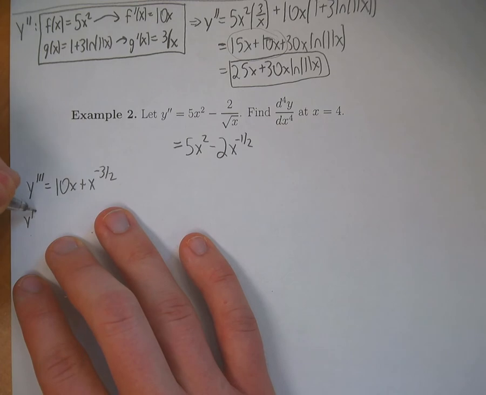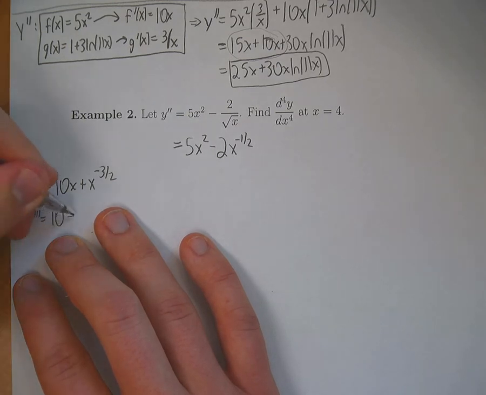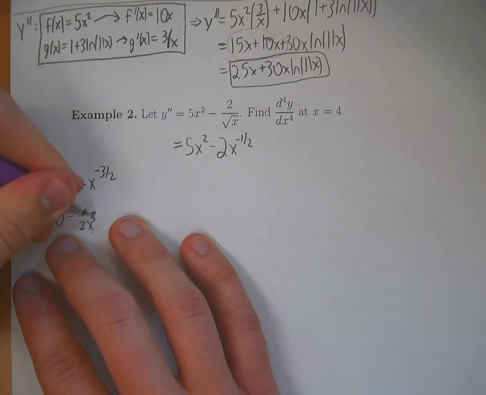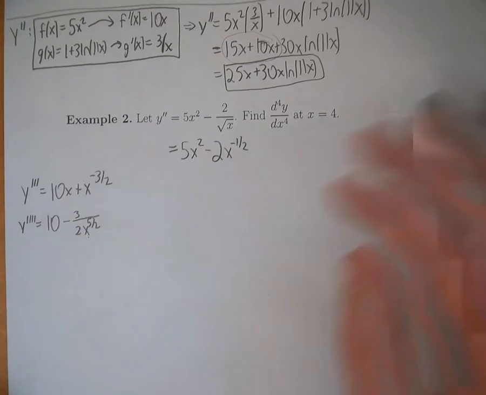And then as a result, what would the fourth derivative be? Go ahead. 10 minus 3 over 2x to the 5 halves. Yep, x to the 5 halves. Okay, so that's all good.